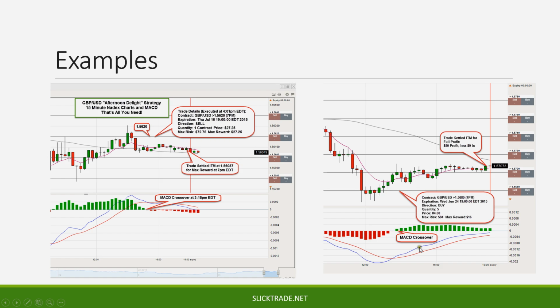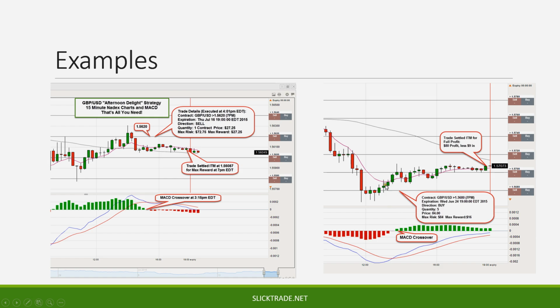Over on the right, we have an example of a buy scenario. The MACD crossed up, and it was after 12 o'clock. That's the main thing you want to make sure. You only grab it if that crossover occurs after 12 o'clock. For this one, it was crossed to the upside.